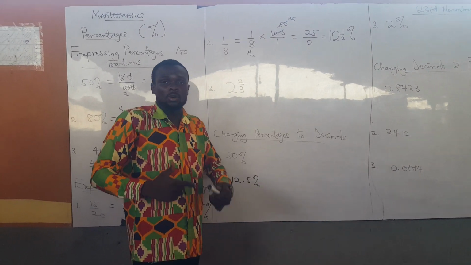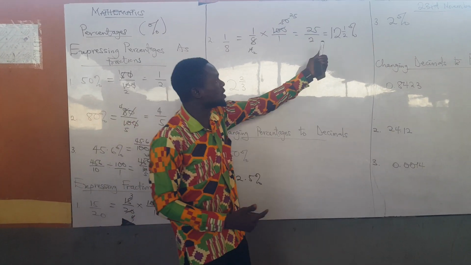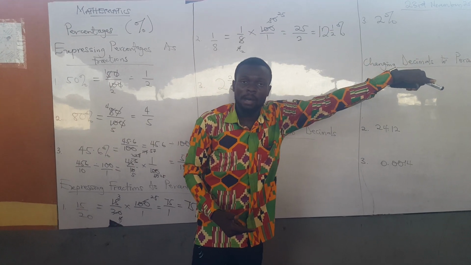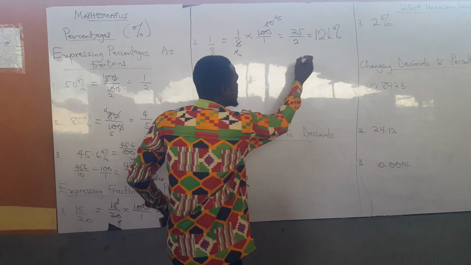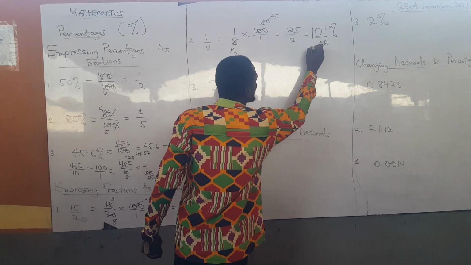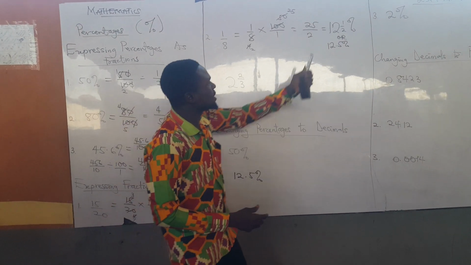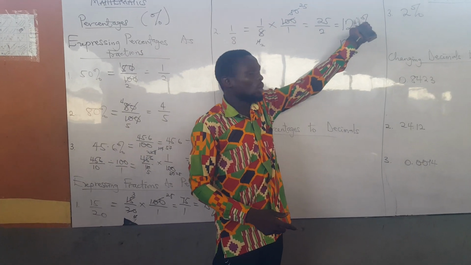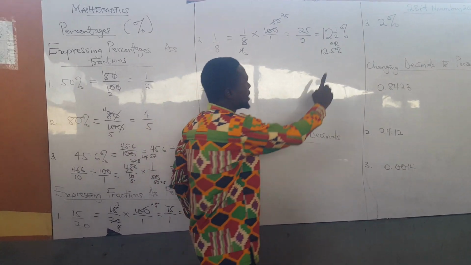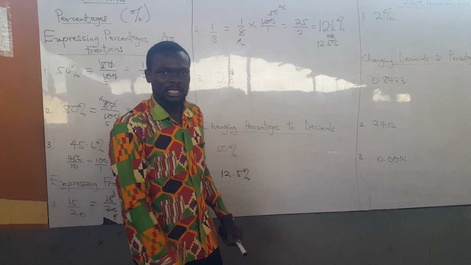But in case you come across this in section A and you don't see 12 whole number, 1 over 2%, then it is possible that we are going to see 12.5%. So either you leave it in mixed fraction or decimal. Our interest is in the percentage.